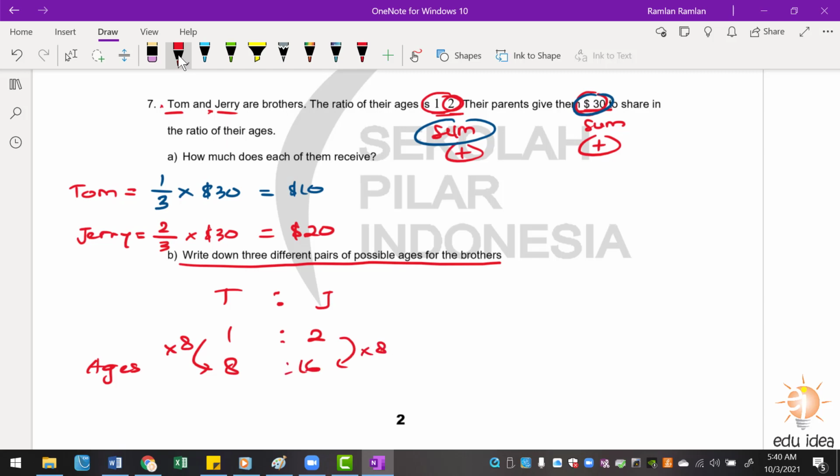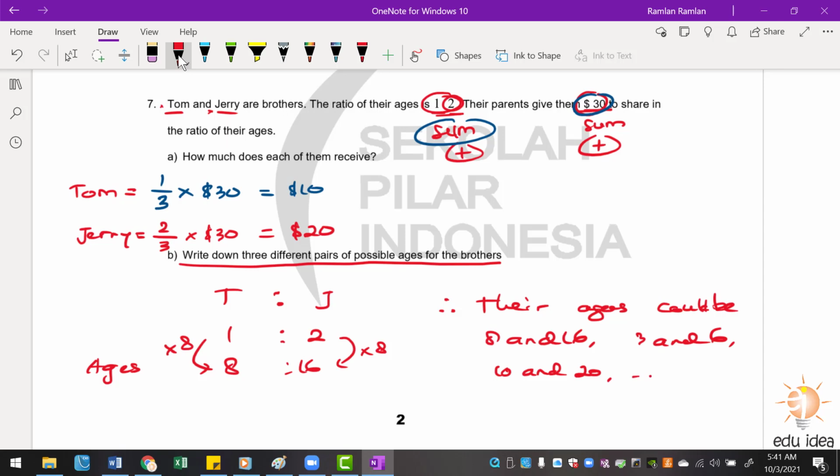And then again, you can write down as a sentence, their ages could be 8 and 16, or maybe 3 and 6, and maybe 10 and 20, and so on. Okay, so just pick 3 pairs that you think are logical enough to be their ages.